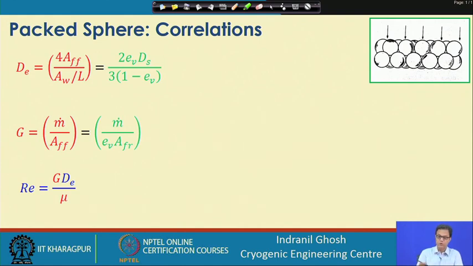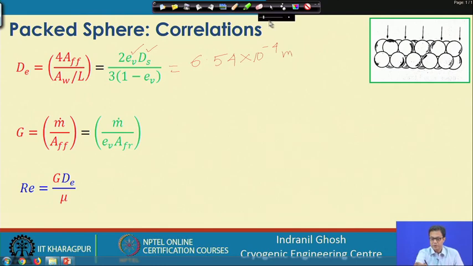If we put these values, this will come out to be 6.54 into 10 to the power minus 4 meter. This is the equivalent diameter.